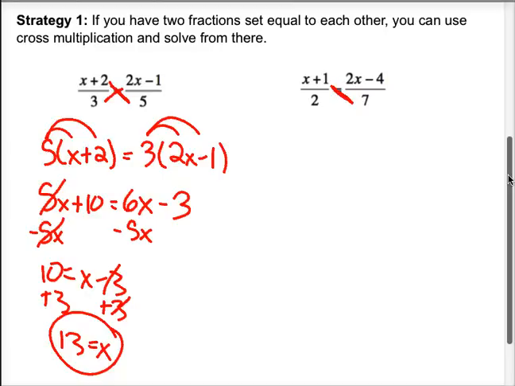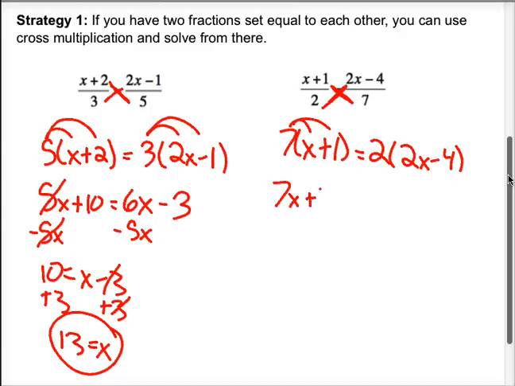So, cross multiply here, 7 times that x plus 1 is going to equal 2 times that 2x minus 4. And again, we need to distribute: 7x plus 7 equals 4x minus 8. Now let's bring them together.